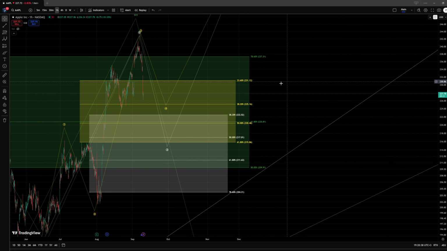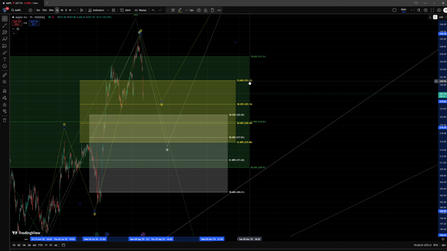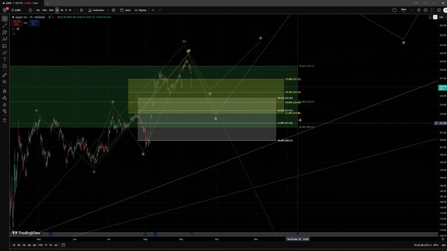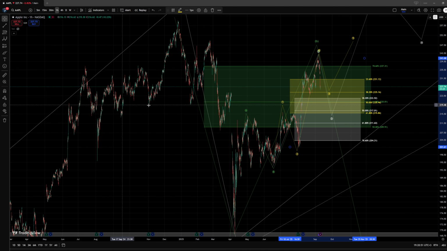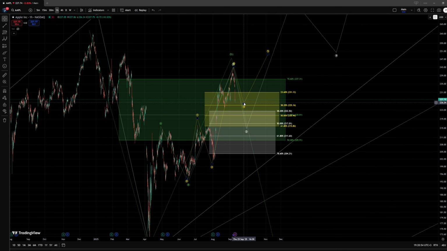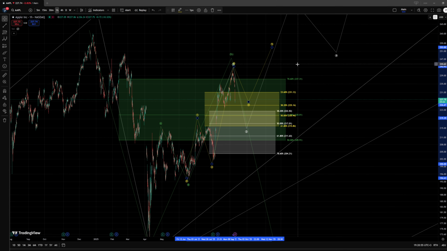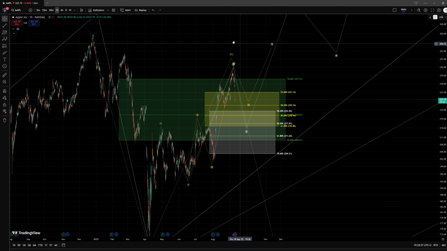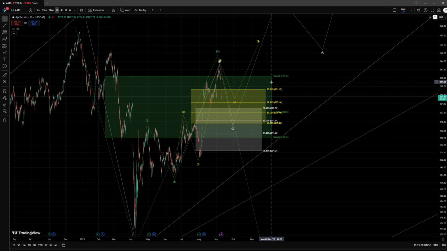So the support zone for such a wave 4 is between the $231 down to the $216 level, and a break below that would really make me consider that this scenario is becoming very unlikely. And for now, these are the levels, this is the trade setup.